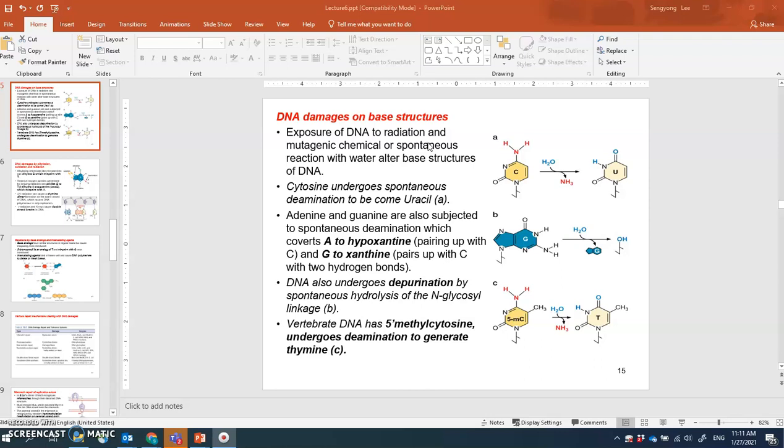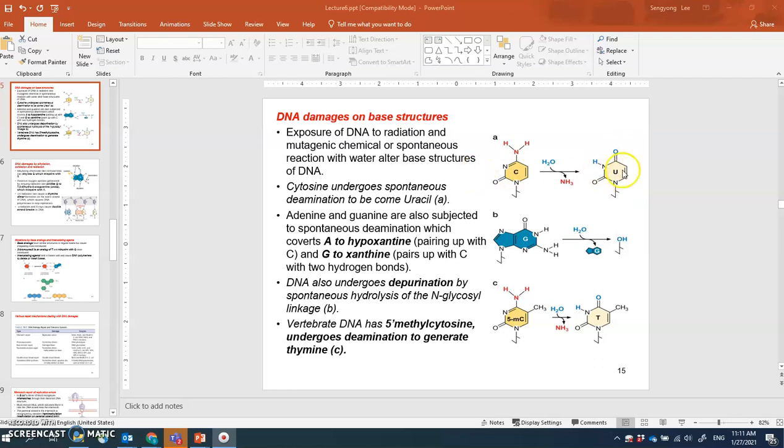So an example is here: the cytosine base can undergo spontaneous deamination. So the amino group is removed. That's what deamination is. So NH2 is removed, and then the cytosine is changed to a different structure. If you compare that cytosine and the C without this amino group, that structure is U. So deamination of cytosine will make that cytosine base a uracil base.